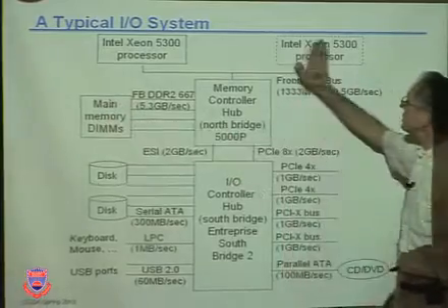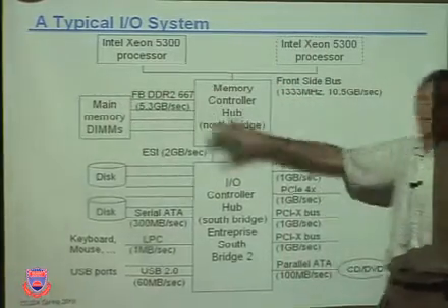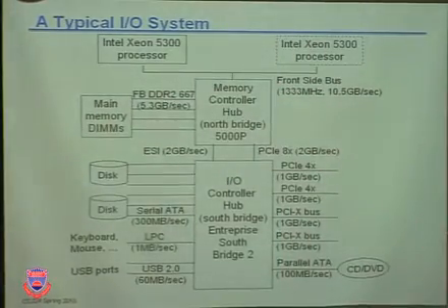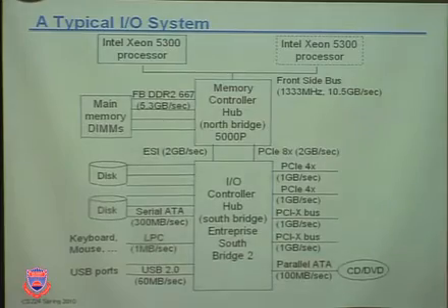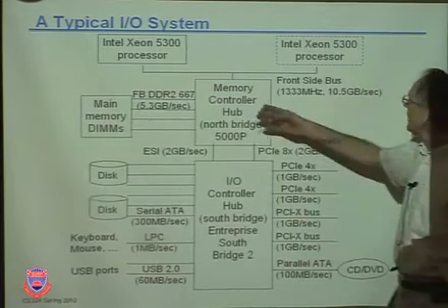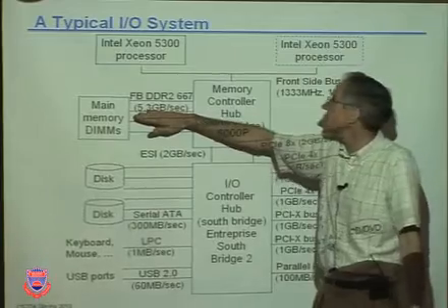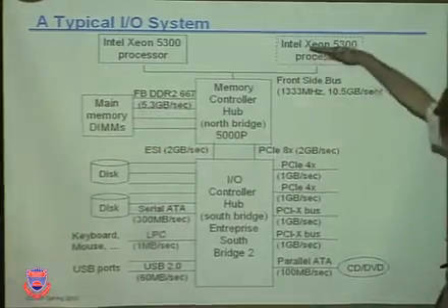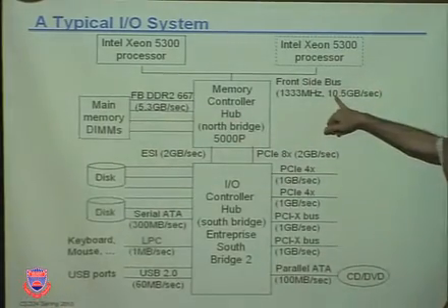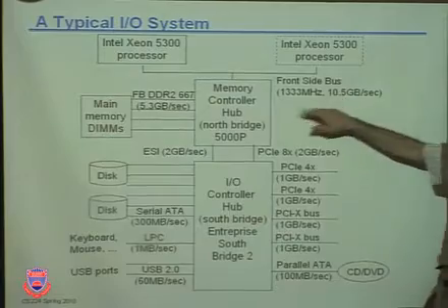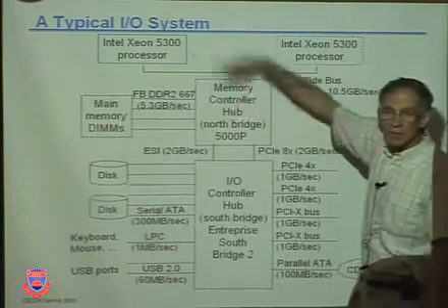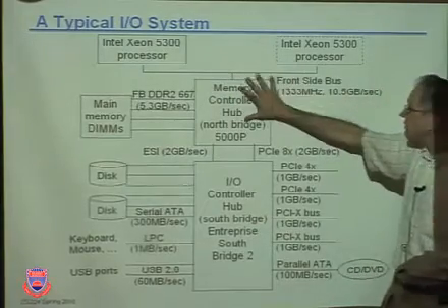The caches are going to be on chip here. This memory controller is going to have built into it all the things related to memory management that we talked about. And it can handle, as you can see, extremely high data rates, 5.3 gigabits per second. On the other hand, these front side buses can do 10.5 gigabits per second. So if you have two of these, you have an enormous data transfer capability here.